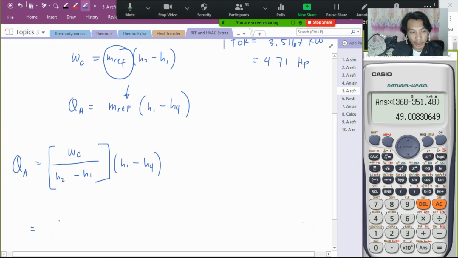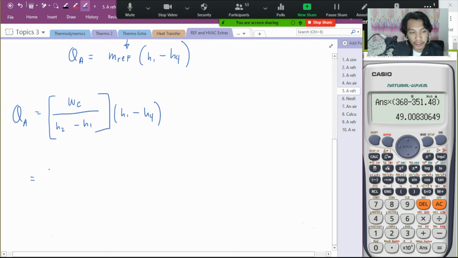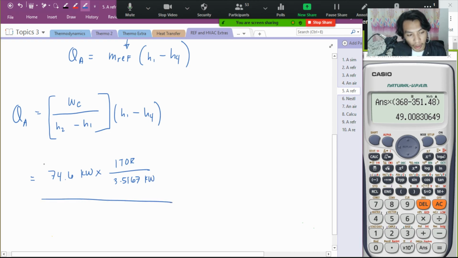Okay, so let us solve. The work of the compressor written here is 74.6 kilowatts. Multiply by 1 ton over 3.5167 kilowatts. Divide by H2 minus H1.